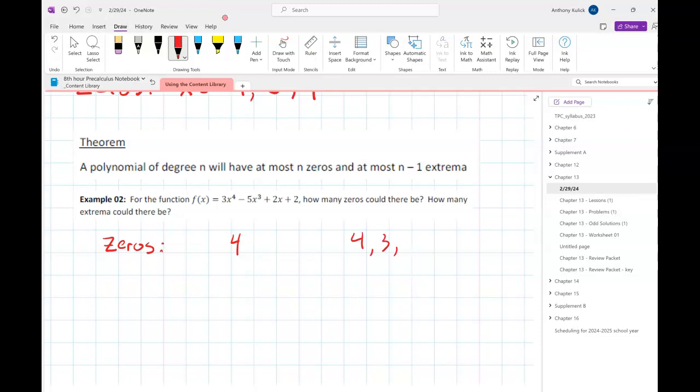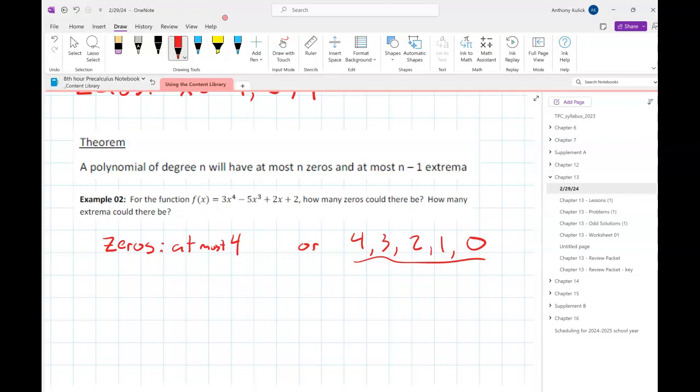What else could happen? 2 and 1. And what else? 0. So instead of writing 4, you could say at most 4. But if you write just 4, Mr. Kulik's going to have to mark it wrong because there could be less than 4.